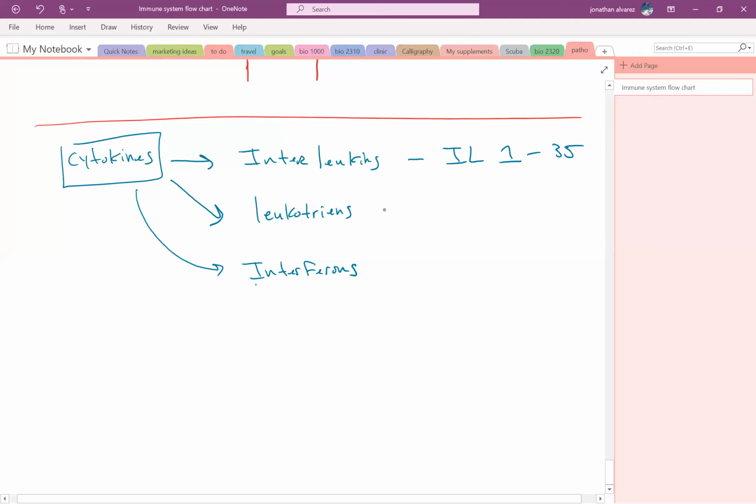Okay. Leukotrienes. Leuko means white. Trienes means 3. Okay. And what they do is they bring in neutrophils.